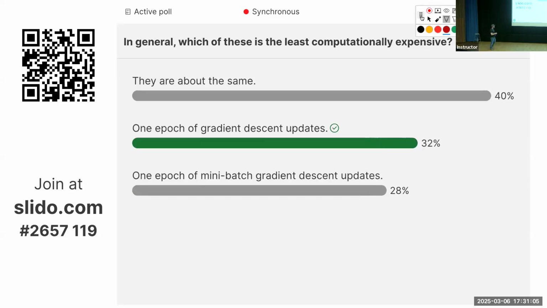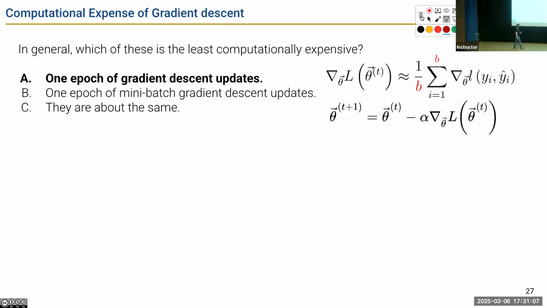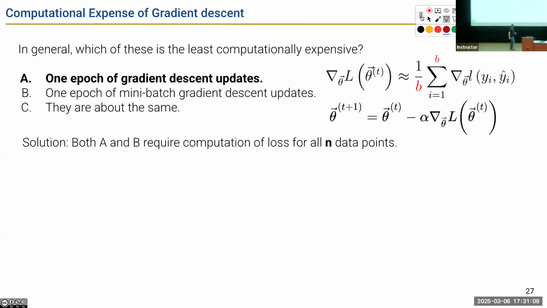What do we think is going on? So let's talk through this. Both of these two things require a loss computation for all n data points. That quantity will be computed n times in both of these cases. What is an epoch? It's a pass through all n data points. We need to compute the gradient of the individual data point level loss for all n data points.